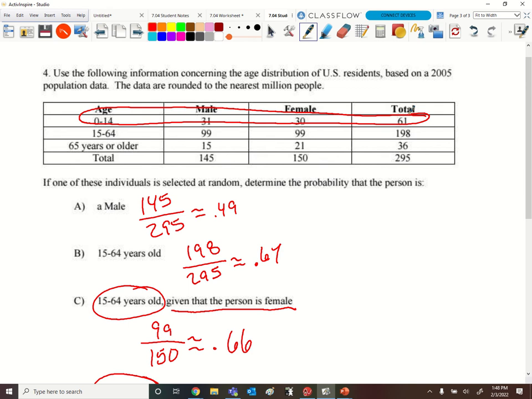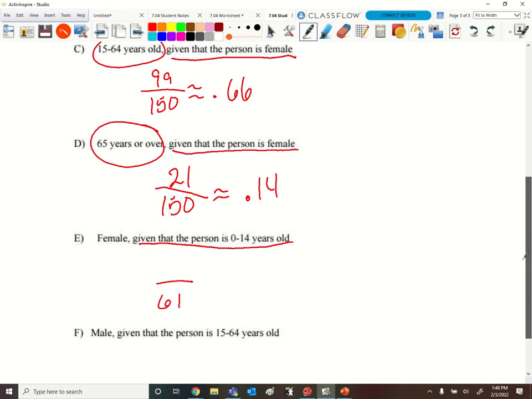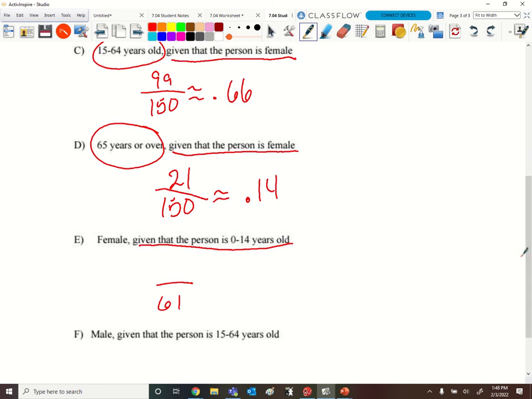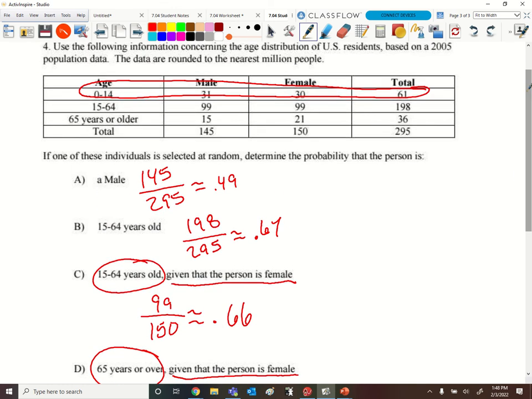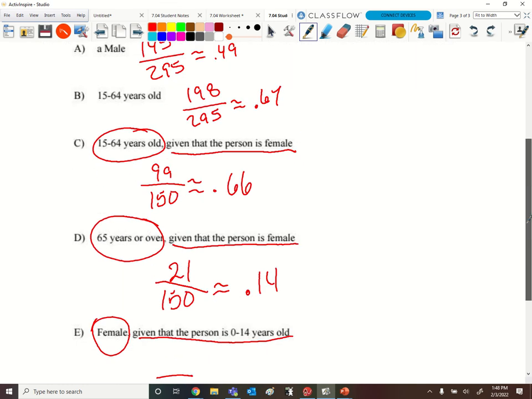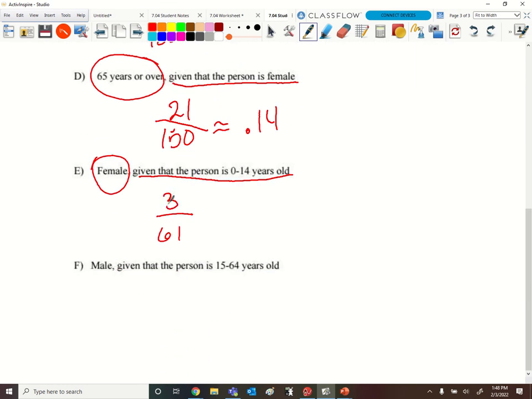And now this time I'm looking for female, right? I'm going to pick female out of what I've just circled up there. So only female, so that's going to be 30. There we go. Which is going to give me about, what's that, like 4.9? Okay.